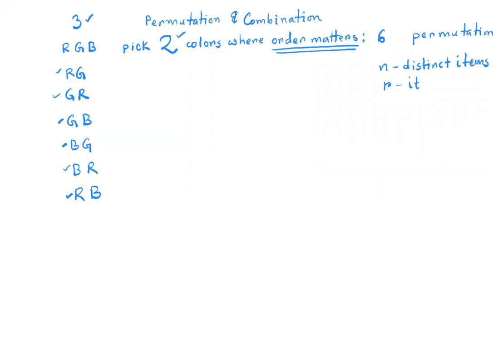So you pick r items where order matters. Then what you are doing is a permutation of r items from n different items.